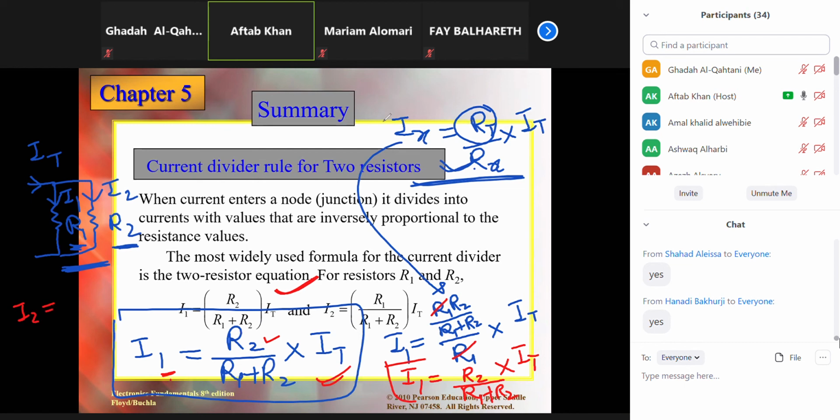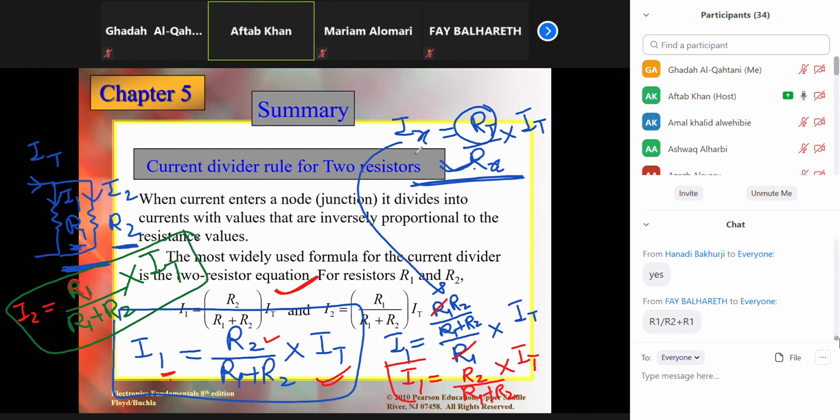I2 is equal to R1. This time it is going to be R1 over R1 plus R2 multiplied by IT. This is going to be the formula. Okay, so this is called the current divider formula.